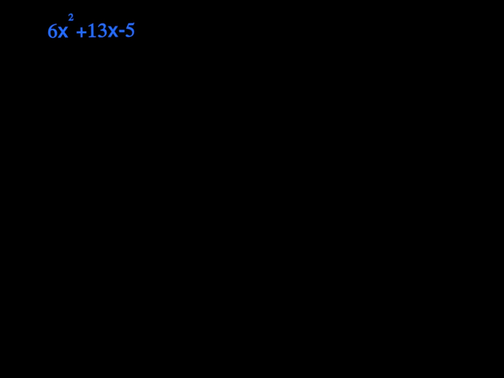We're going to look at an example. We're going to take this expression, 6x squared plus 13x minus 5, and our first step is to multiply a and c. So what are a and c? A is 6 and c is negative 5. So 6 times negative 5 gives us a negative 30.